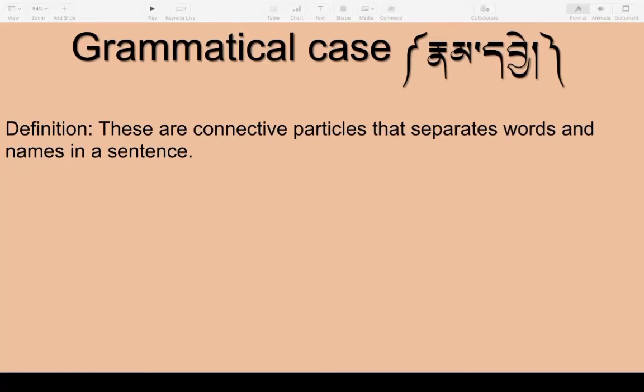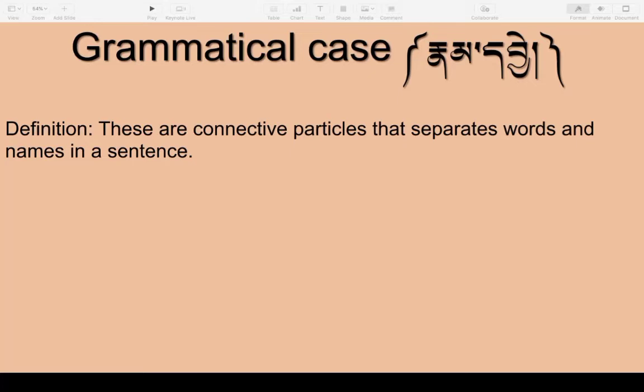So what's the function of these connective particles? Whenever you're writing a sentence, it will separate the name of a sentence from another name or word of the sentence. It will separate a name of a sentence from a word of a sentence, so that it will come in between these two.